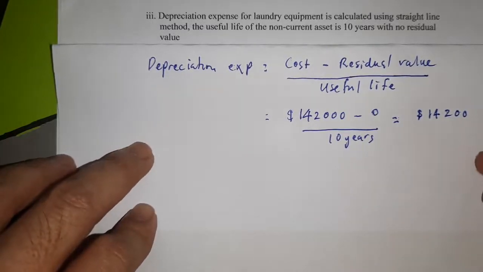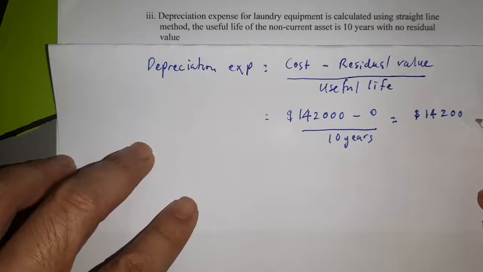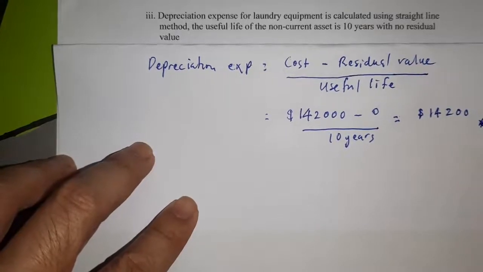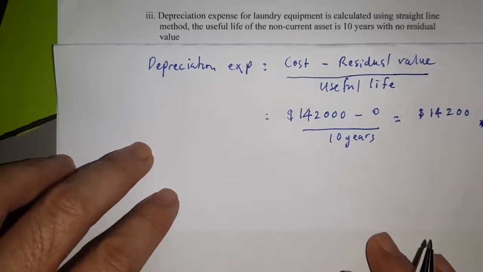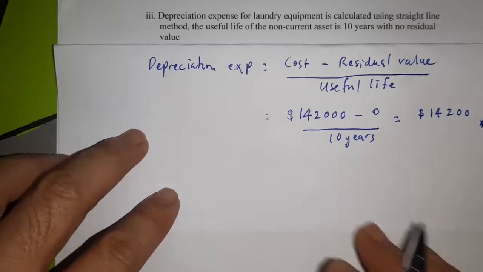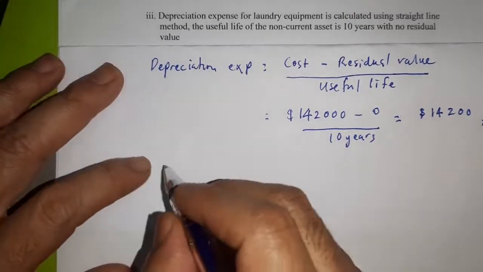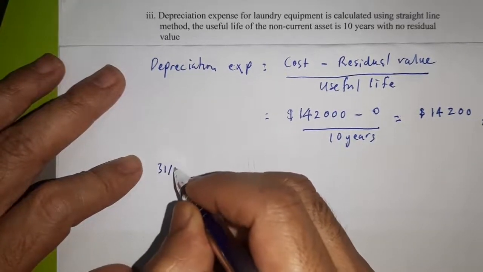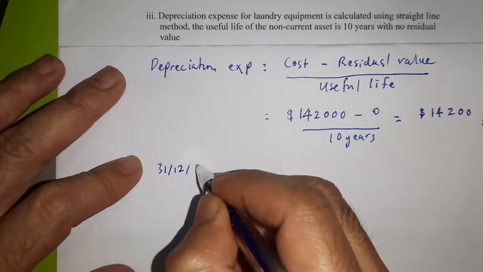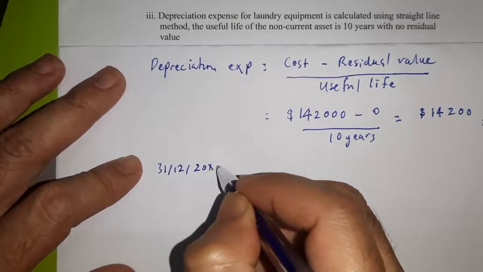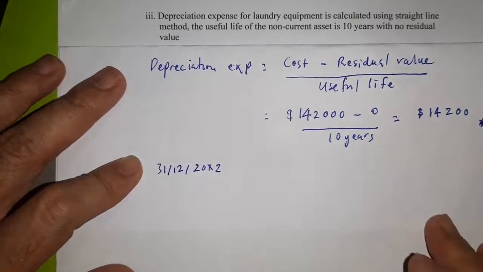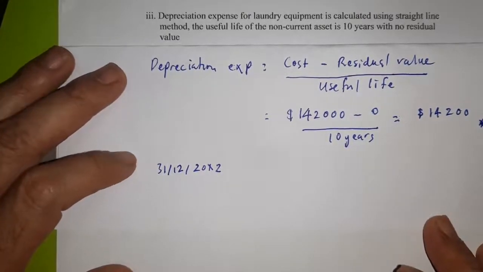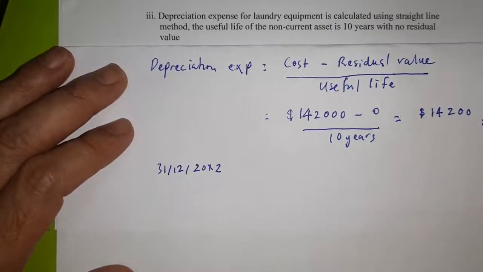So now you know the depreciation expense for this business. After that, you have to know how to do the adjusting entries. So the adjusting entries is like this. This is the date. Adjusting entries for depreciation expense is always the same every year for every business.